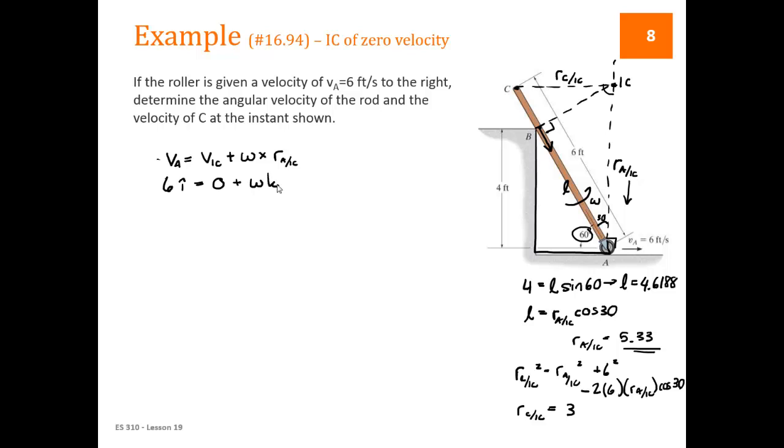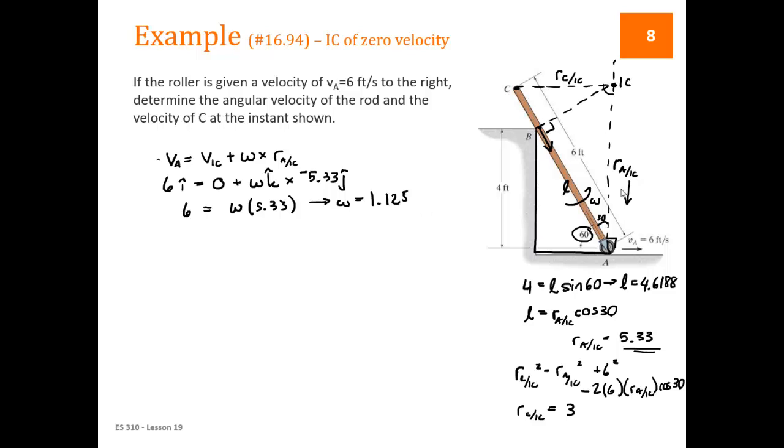Omega is what we're looking for, but we know it's in the k direction, crossed with R of A relative to IC, which is 5.33, and we said that was negative, in the negative j hat direction. Take this cross product, k is coming out of the board, negative j goes down, gives us a positive i hat, so 6 is equal to omega times 5.33, gives us an omega of 1.125.